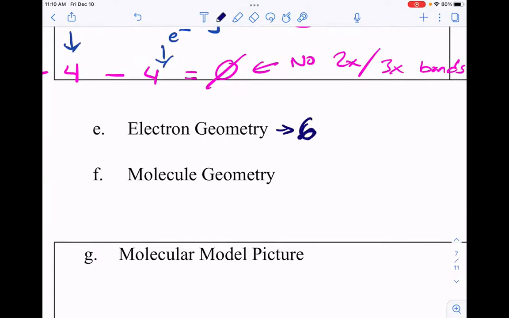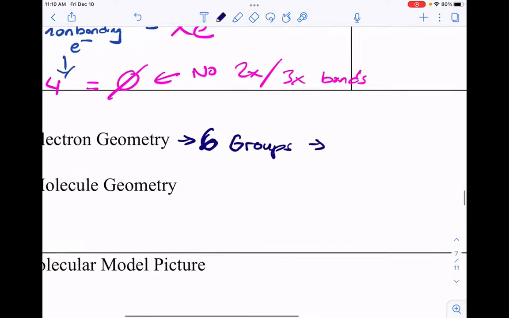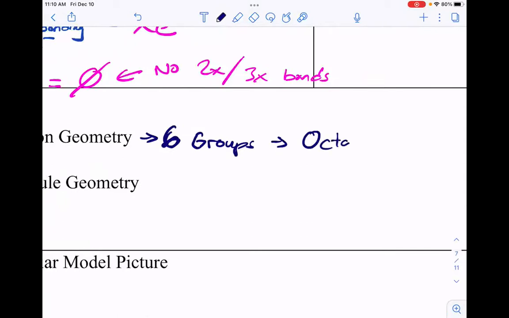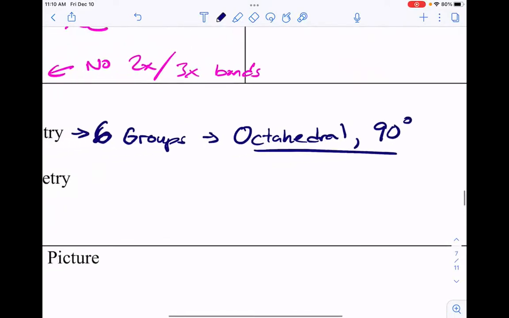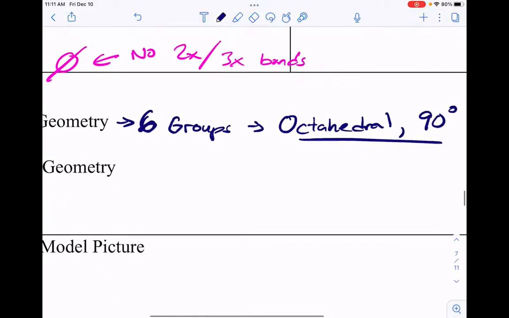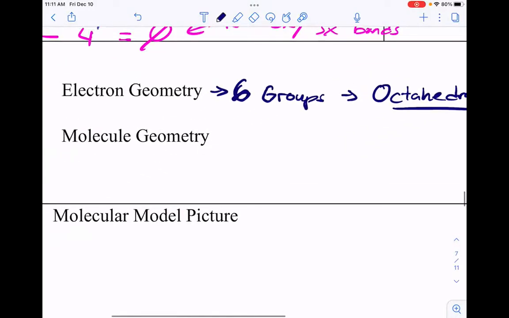Octahedral. So 6 groups, it's octahedral, and the bond angle is going to be 90 degrees all the way around. I want to explore octahedral in a 3-dimensional simulation. It's hard to do in 2D, so we'll explore that shape later.